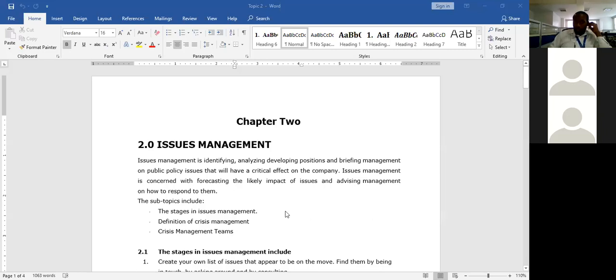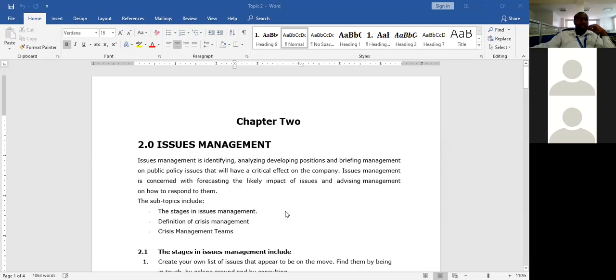So that is just a preamble, an introduction. Let me share my notes so that we can go through them. There is something called issues management. Issues management is identifying, analyzing, developing positions and briefing management on public issues that will have a critical effect on the company. It's a PR practitioner, a public relations officer, who will do issues management.